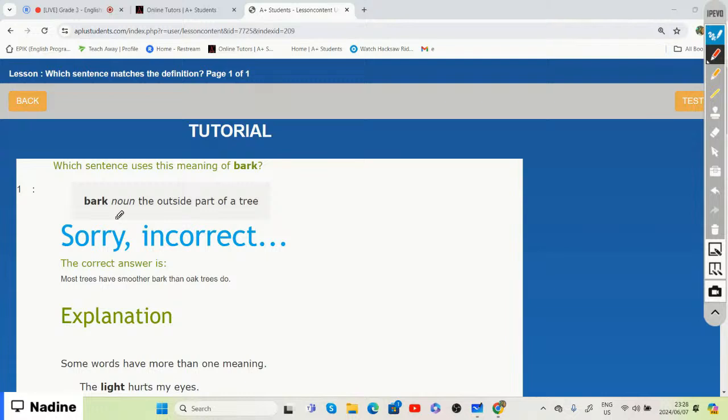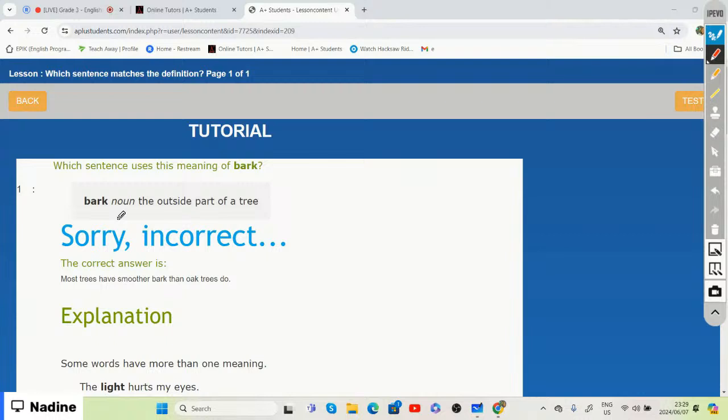So that is the bark from the tree. All right, so there we have our one.